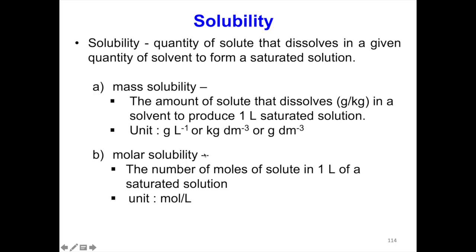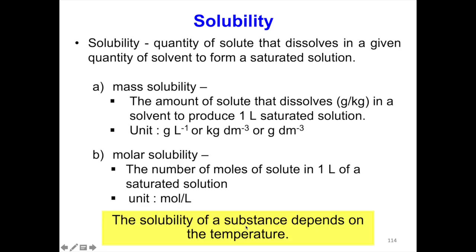Molar solubility is the number of moles of solute in 1 liter of a saturated solution, and the unit of molar solubility is mole per liter. The solubility of a substance depends on the temperature. If the temperature increases, the solubility of the substance will also increase.